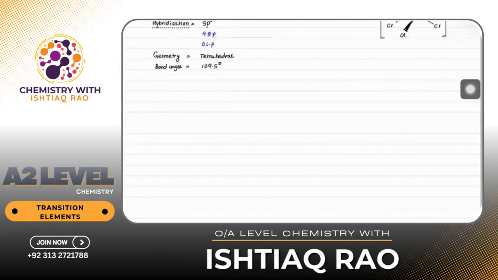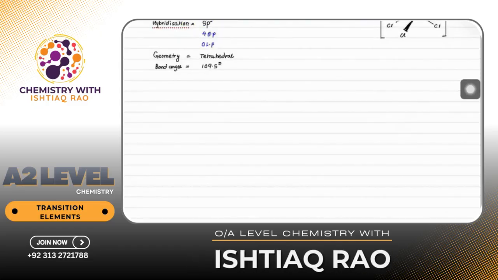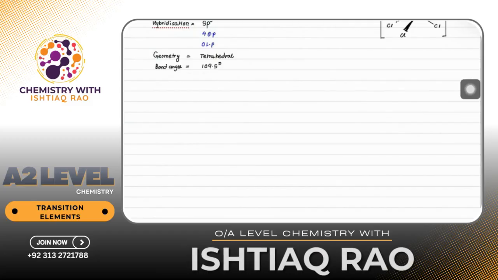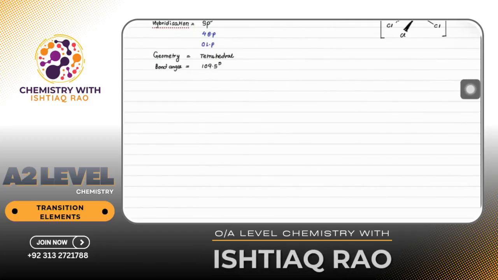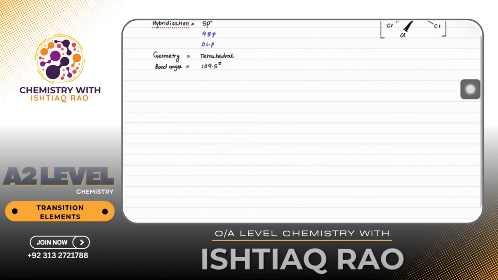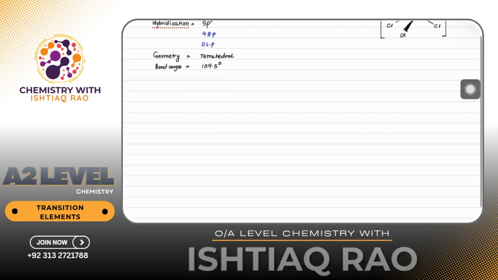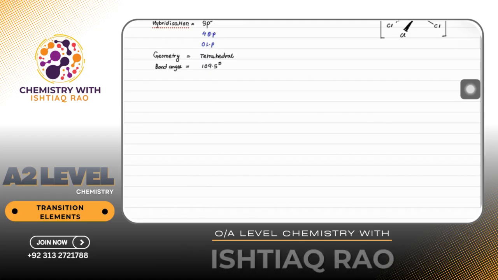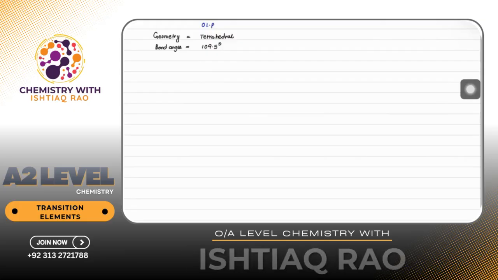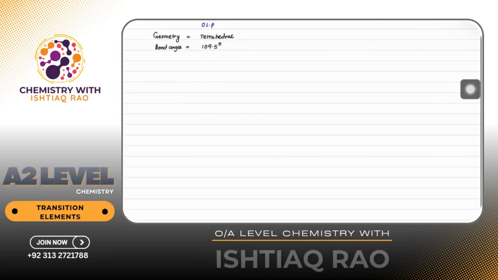Now let's try another one. You can try it by yourself, then I will solve it. Okay, you can check your concept. Let's say, what do you think about chromium?